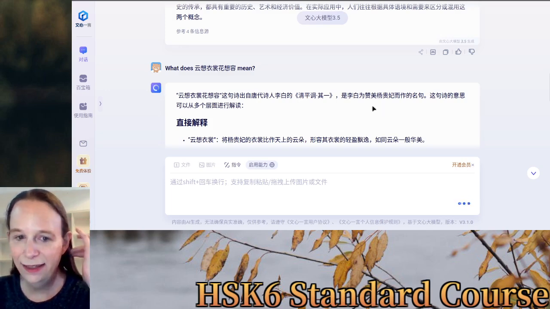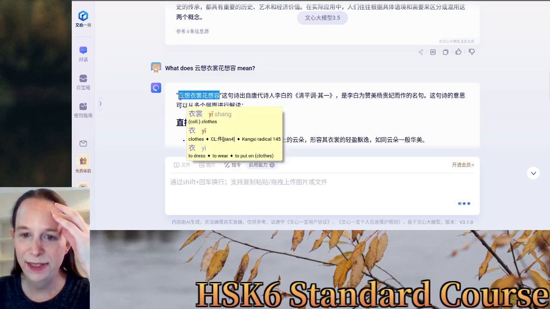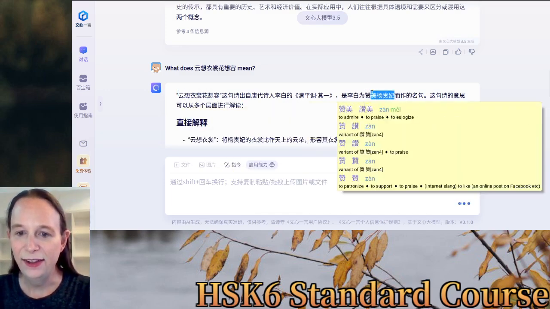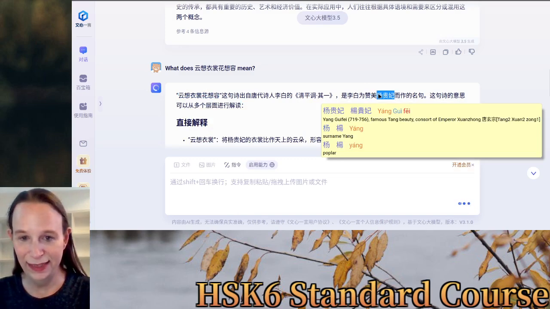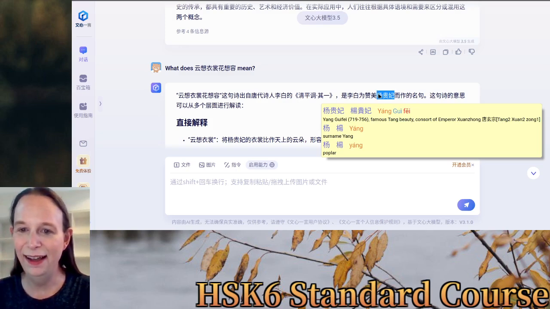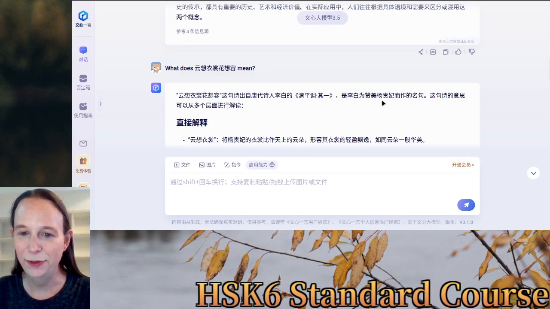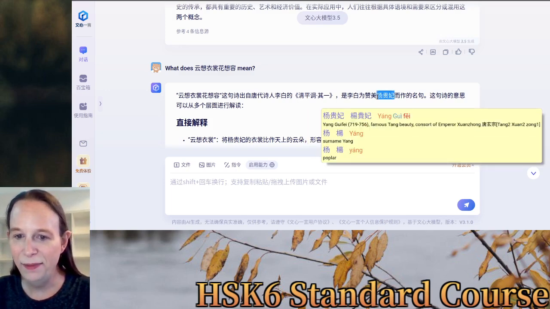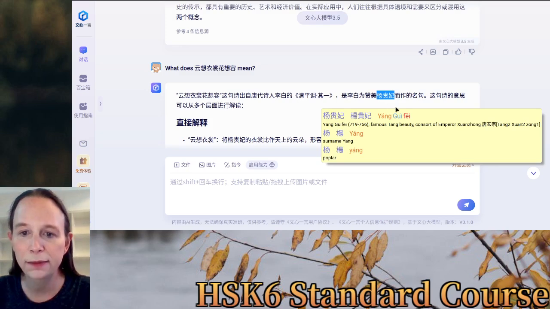Okay, so this line was about Yang Guifei. So Yang Guifei is like the emperor's concubine, right? I think she's one of the four beauties. Maybe I'm wrong, but I think she is. Famous Tang beauty, consort of Emperor Tang Xuanzong.